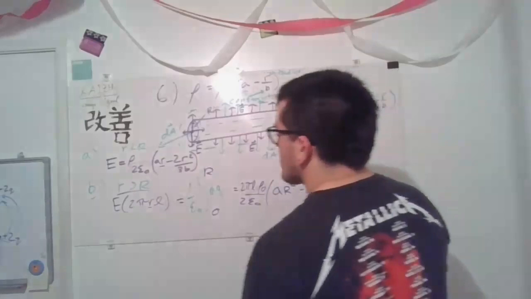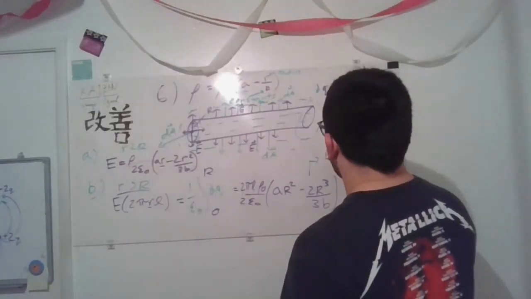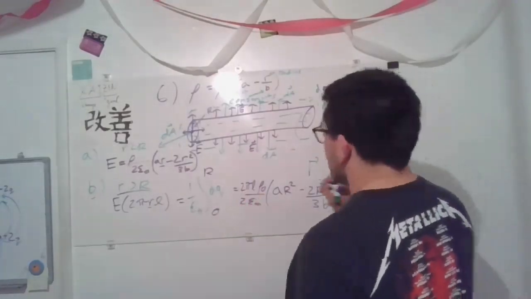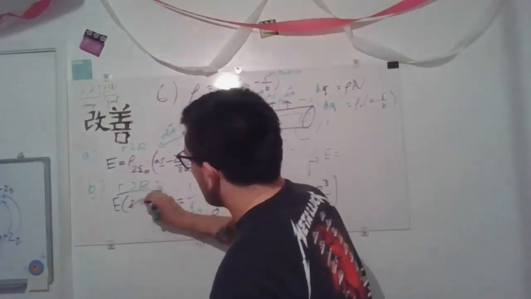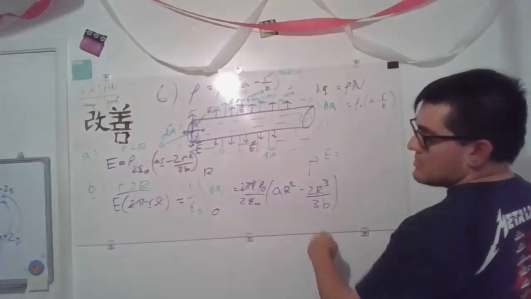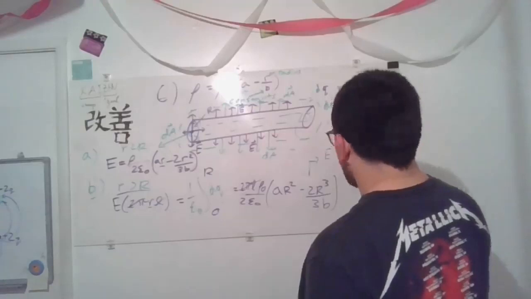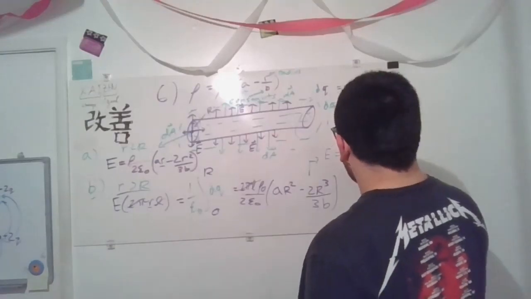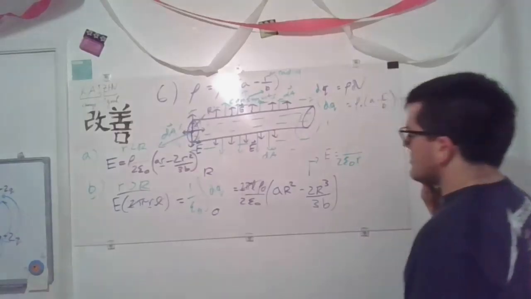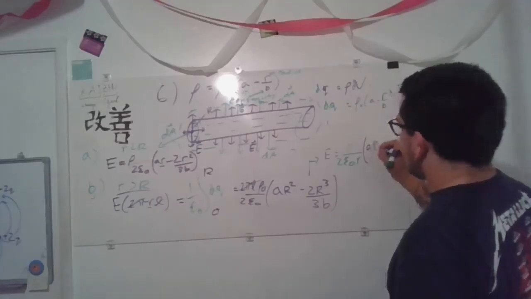That's what dQ is. Now E is this: the 2 pi and the L will cancel out with this 2 pi and L. So there. And then now I have a small r divided by all these big R's, right? Now I can do this. It's going to be rho over epsilon times 2, and then I'm going to have a little r down here, and then times all the big R's.